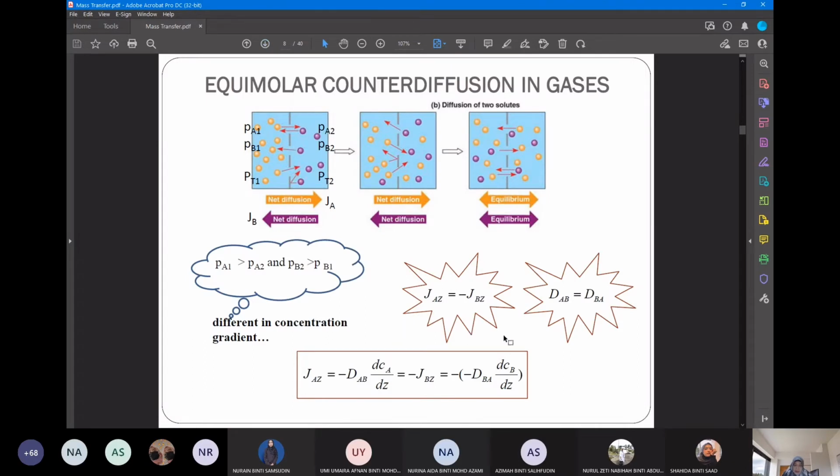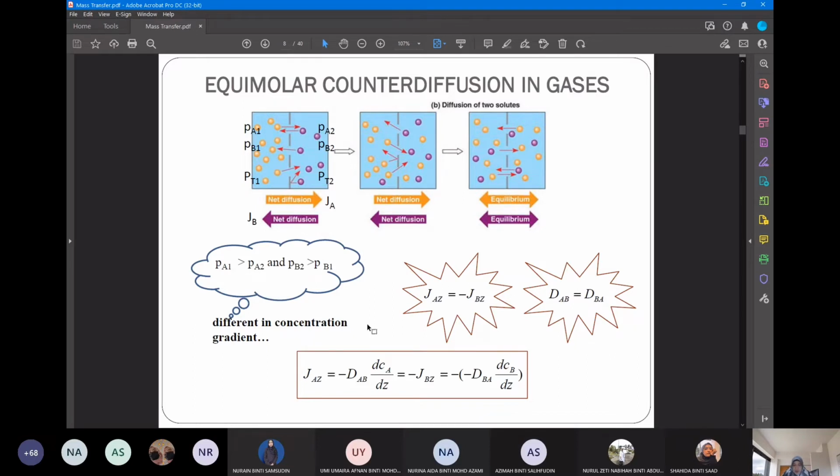And then this one again. If you want to describe the difference in concentration, or concentration gradient, normally you say that the concentration at position 1 for component A is higher compared to the concentration of component A at position 2.